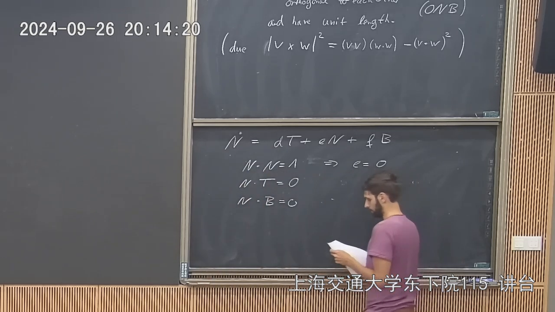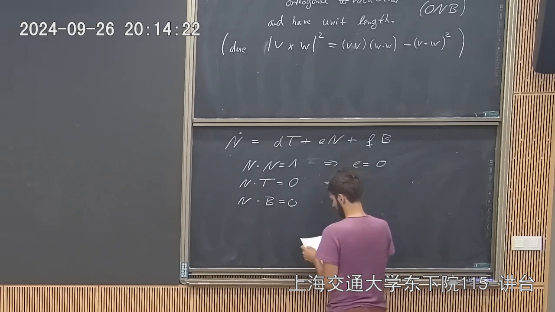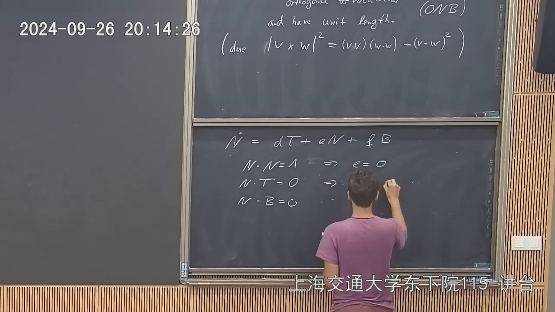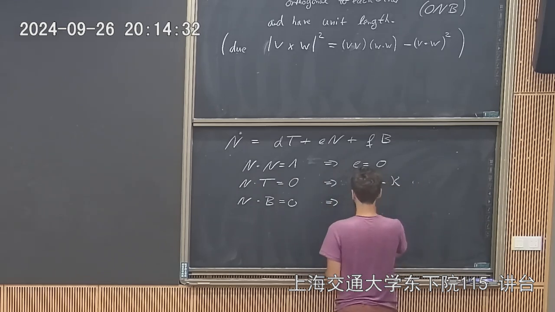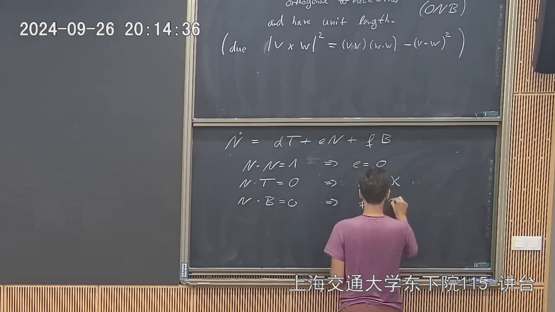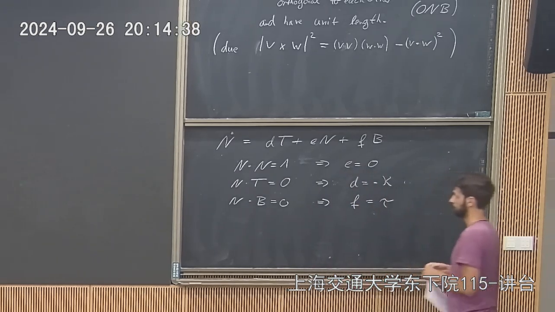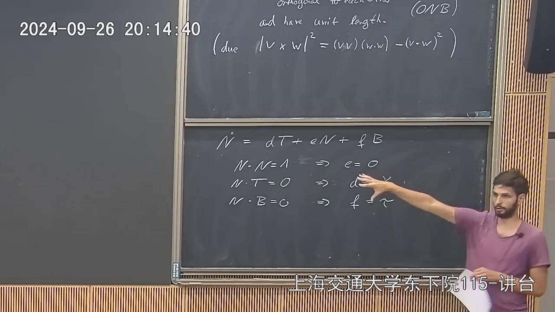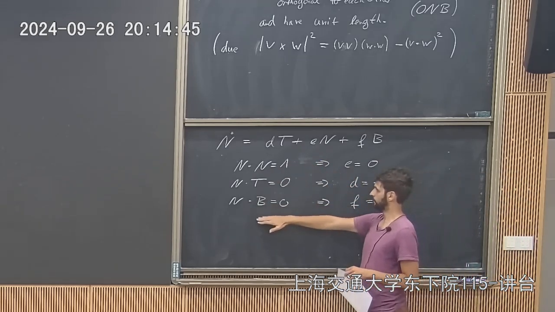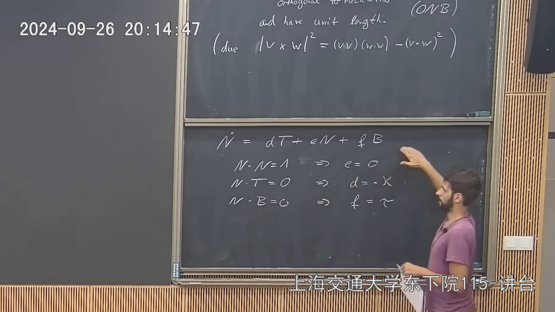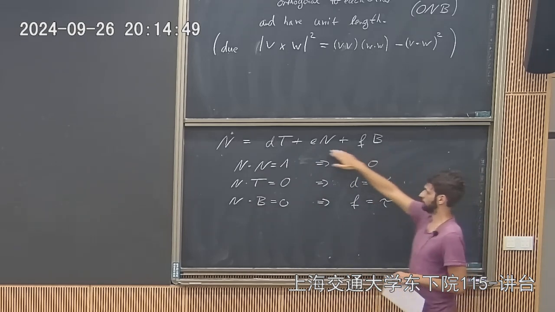And if you take the derivative of each of these, what you end up with is that the d constant is minus the curvature, and here you end up with that f equals the torsion. So very similar calculation as what I have done over there. You just take the derivative of each of these constraints and then analyze what it means in terms of these constants.